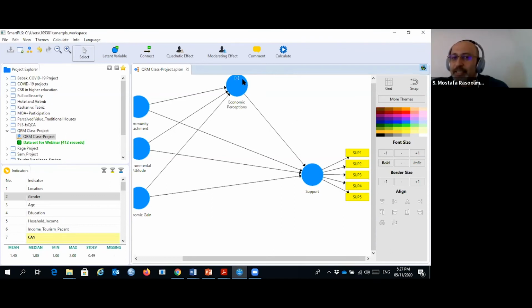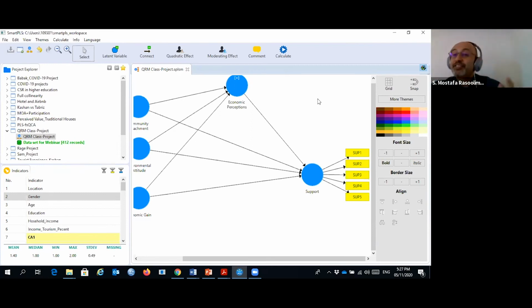For this one, this IV and moderator. For these three, this one and moderator, this one and moderator. And for these three, the interaction between this variable and moderator, and this variable and moderator. So we have to create 7 interaction effects.